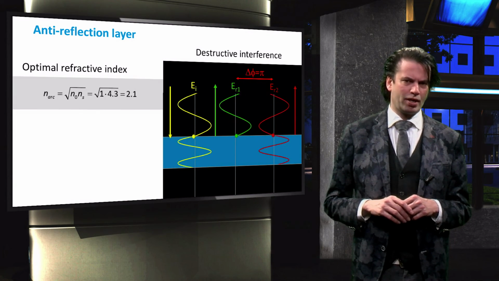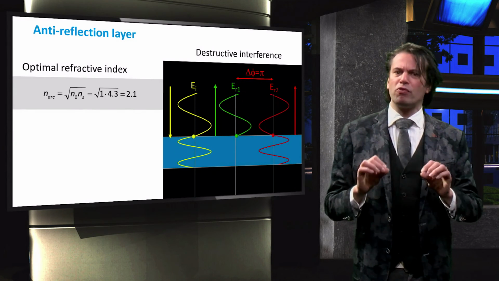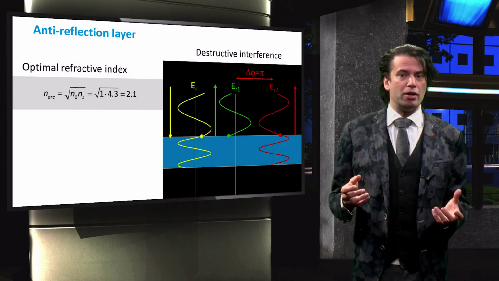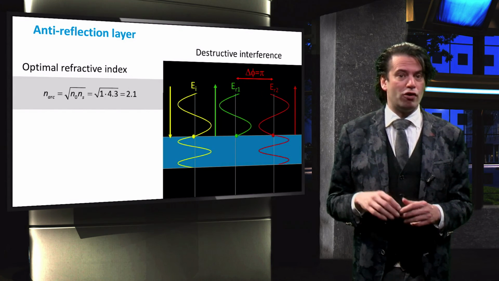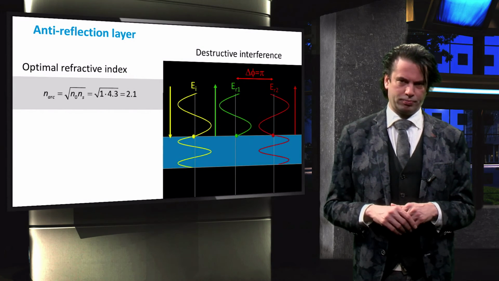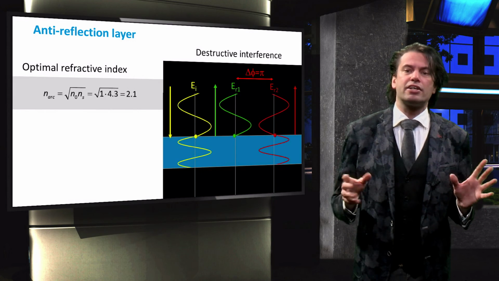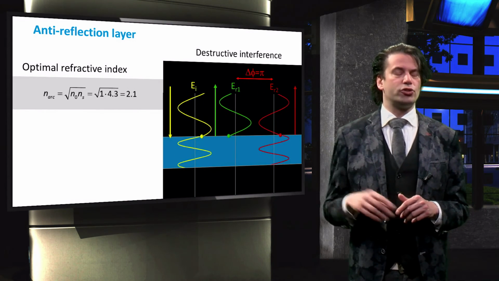As we discussed in the section on the Fresnel equations, the optimal refractive index for a Rayleigh film equals the geometric mean of the refractive indices of the encompassing media. Assuming the encompassing media are air and silicon, the optimal refractive index is around 2.1.